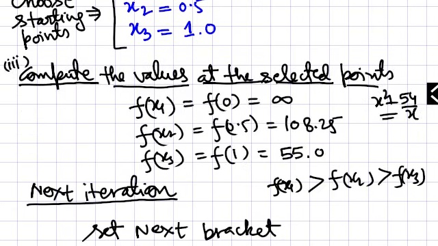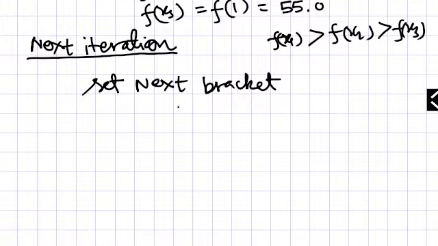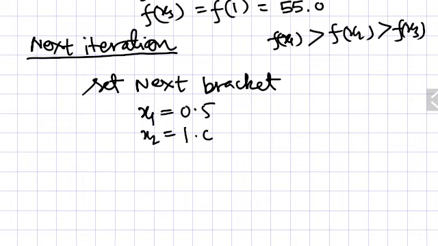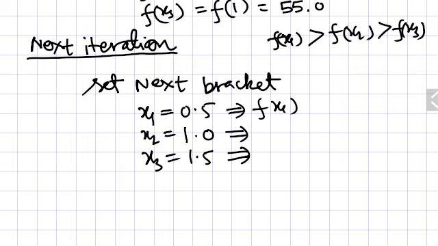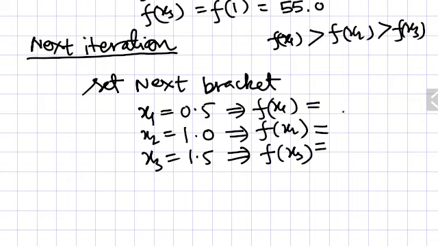So now your points have come to be 0.5 and so on. Again do the same thing, find function values at these points. If you calculate them, you will find 38.25.